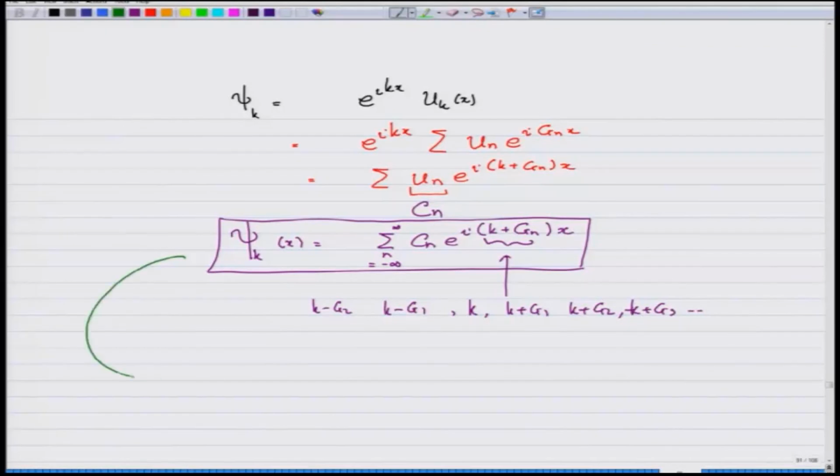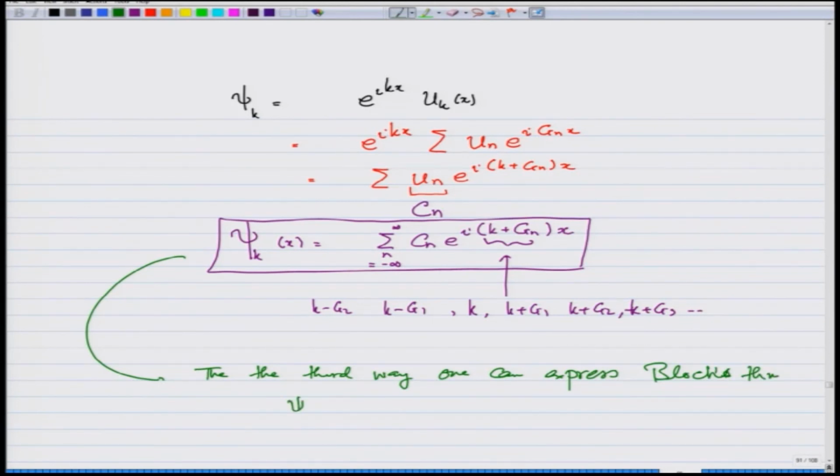Now, once we have this equation, this is the third way one can express Bloch's theorem, that psi_k(x) is of the form summation from minus infinity to infinity of C_n e^(i(k+g_n)x).